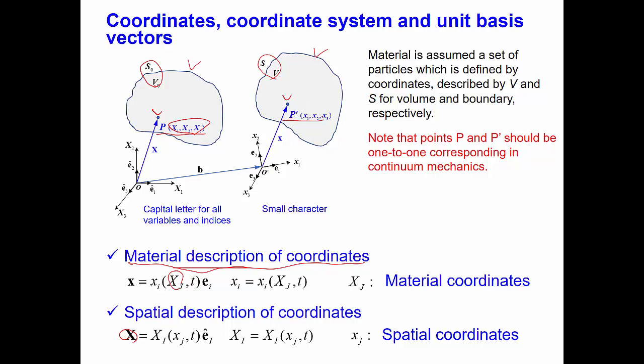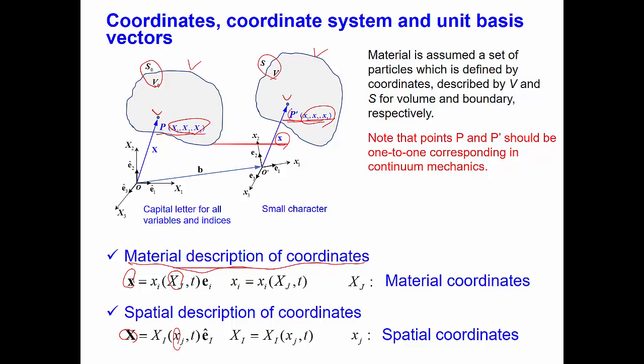A small character is used to describe the spatial coordinate system, which is important to identify the position. And that is the coordinates of the particle in the current configuration, represented by point P prime in this figure.